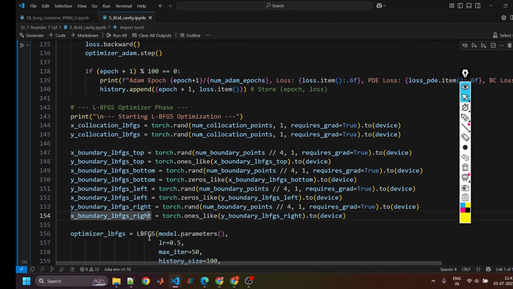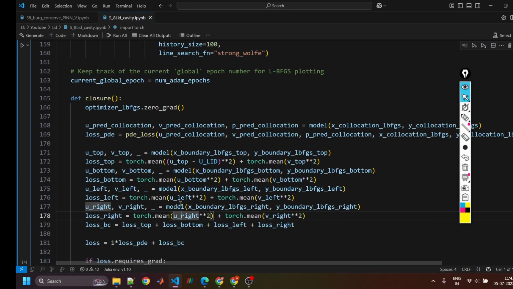After that we are using the LBFGS optimizer here. When we define an LBFGS optimizer, we should define a closure function. The closure function is nothing but the loss function that we are feeding. So that's what we have created here. This is the PDE loss, and this will create losses for the top boundary and every other boundary.